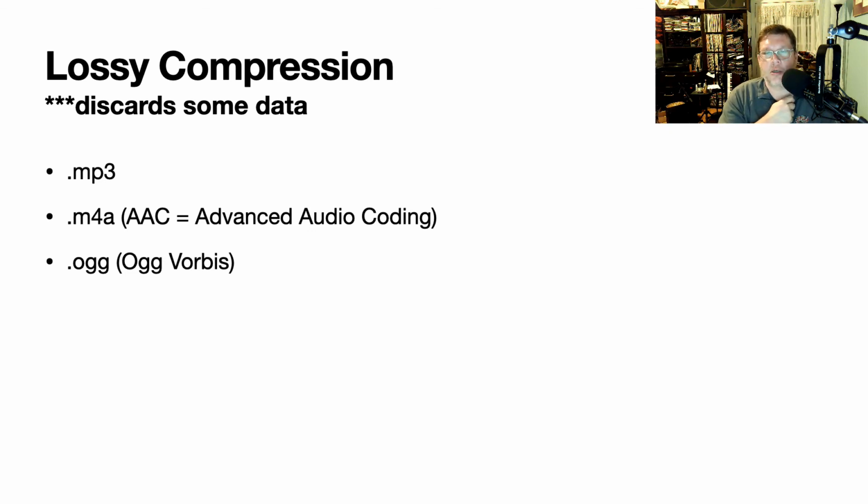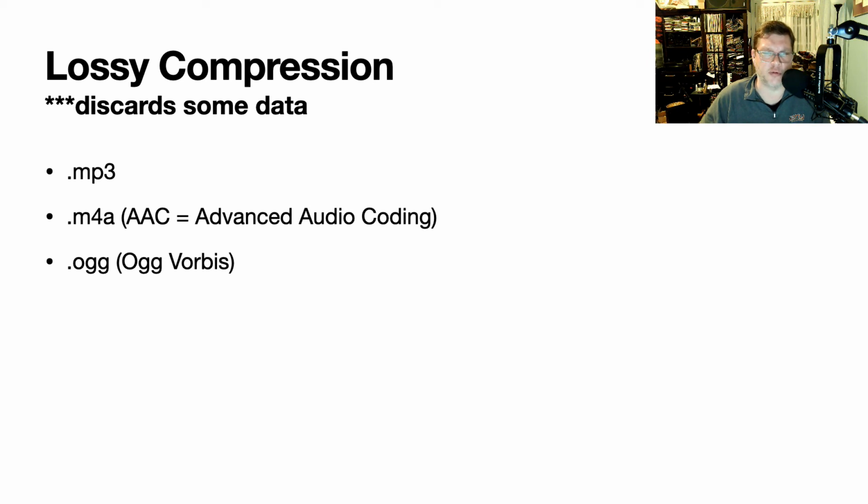But essentially, you can get to about 1/10 of the file size in something that we might think sounds okay. Between 1/10 and half the file size sounds okay. If we get lower than 1/10 of the original file size, it probably sounds bad anyway.